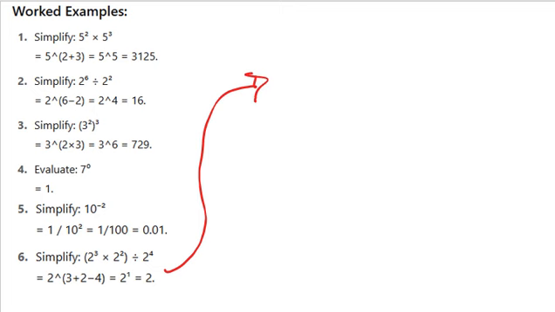For this problem, we are given 2 to the power of 3 times 2 squared, all of this divided by 2 to the power of 4. Can you see now that it's a bit more complex?